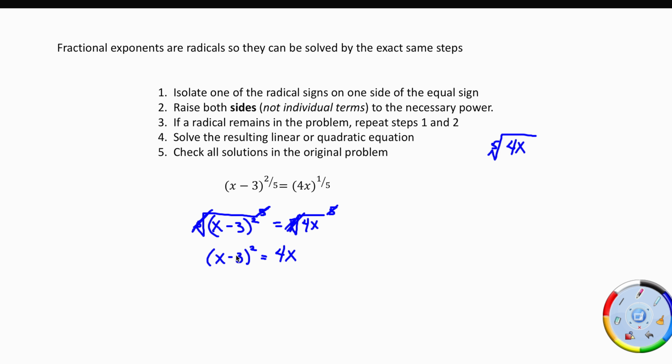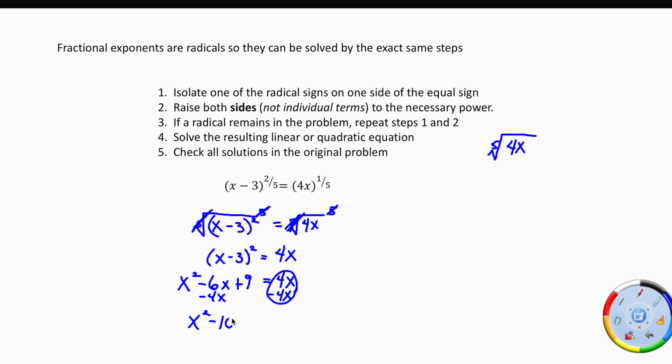I can't use my square root method, even though it looks like it's set up perfectly, but it's not only numbers on the other side, right? So I've got to multiply this all out. X squared minus 6x plus 9 equals 4x, and then try to go from there. So I'm going to try to factor it. Needs to be set equal to 0.